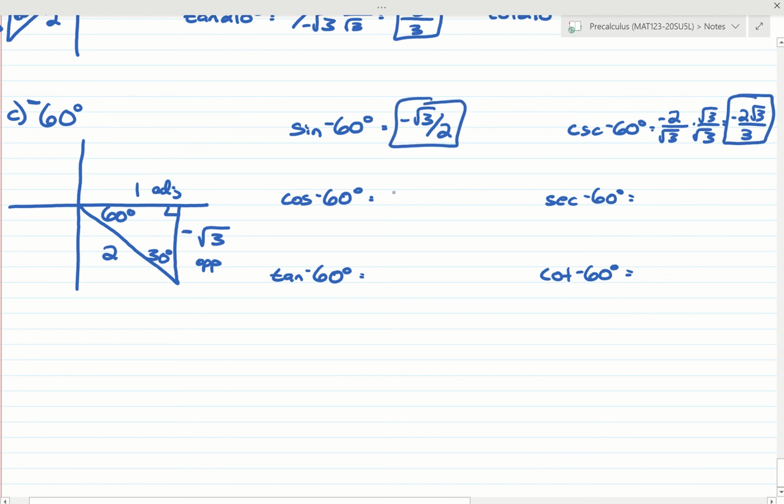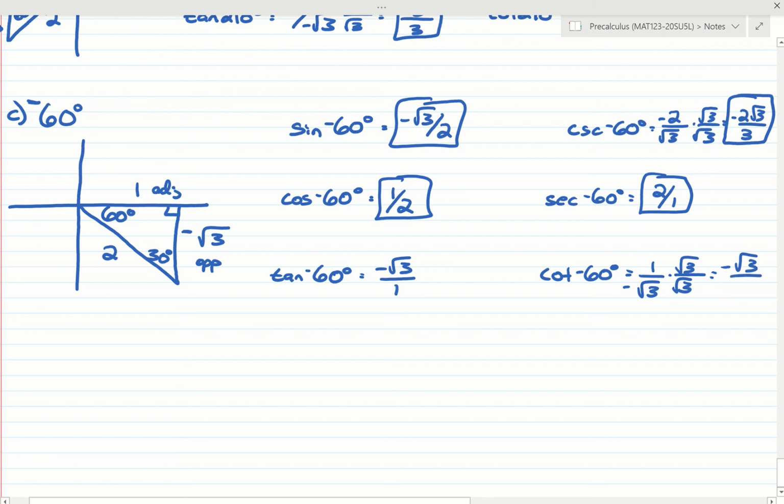Cosine would be the adjacent over the hypotenuse. Reciprocal would be 2 over 1. Tangent would be the opposite over the adjacent. Reciprocal would be 1 over negative root 3, which we could rationalize and get negative root 3 over 3, while tangent is just negative root 3.